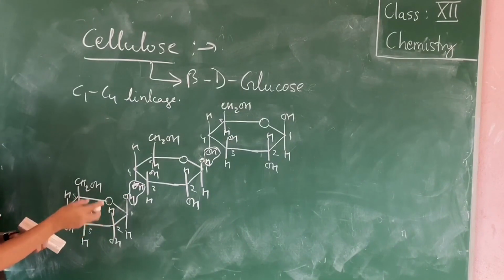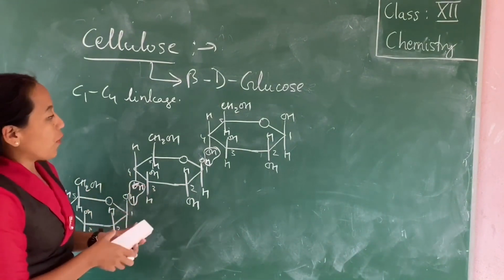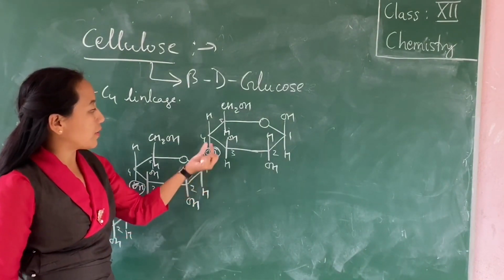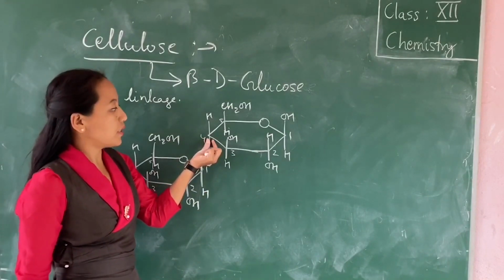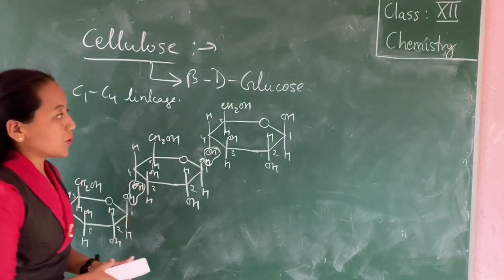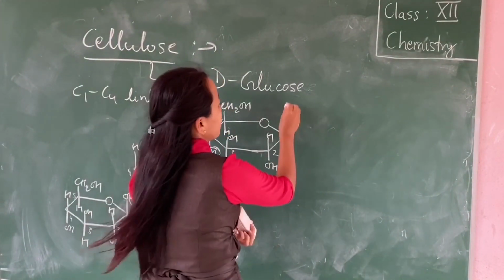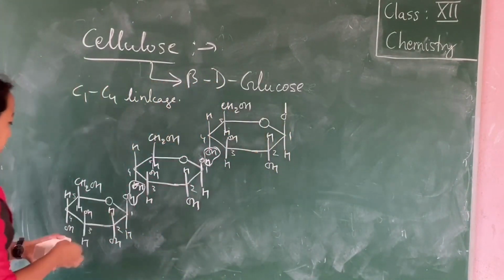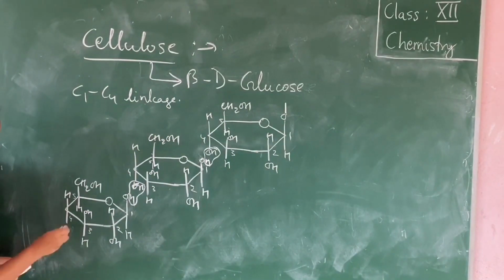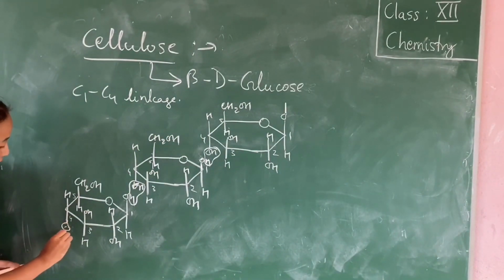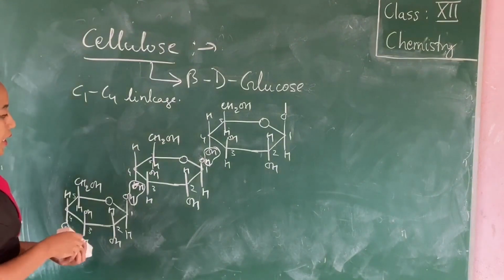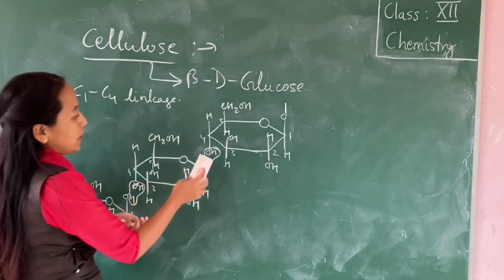So you can see that the oxide link is formed between the first carbon and the fourth carbon atom of the next glucose unit. Here also this again goes on. It is not just 3, you have got many more glucose units coming together. Here also this O is linked to the next unit of the glucose. Now I'm going to show the linkage here.